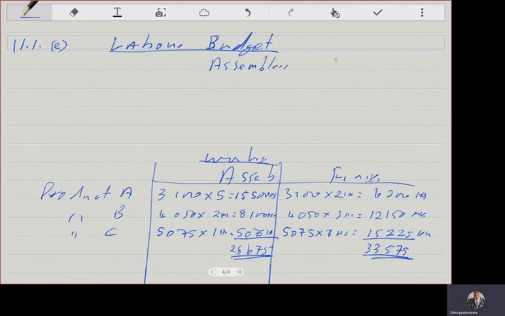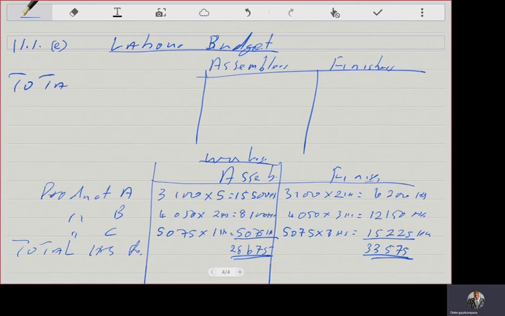So you've got your assemblers and your finishers. So these are the total hours required. So we'll take those total hours required.